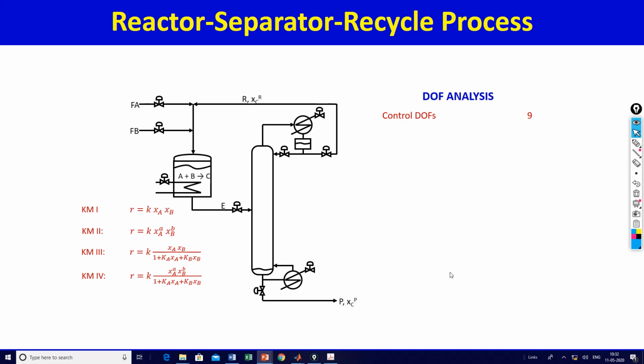So basically, given pressure and 2 non-reactive levels take away 3 degrees of freedom, so you are left with 6 steady state operating degrees of freedom.